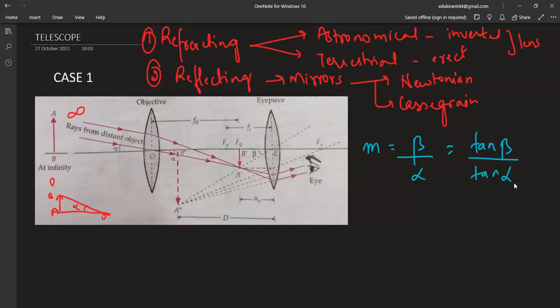Fine. Now again we have to substitute in the values of tan alpha and tan beta. And why are we equating this? Because you can notice even alpha and beta, both the angles are very small. Alpha and beta, they are small angles. That's why we are equating.